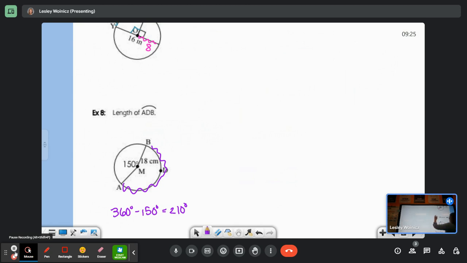So we're doing 210 over 360 times 2 pi. What's our radius? 18.